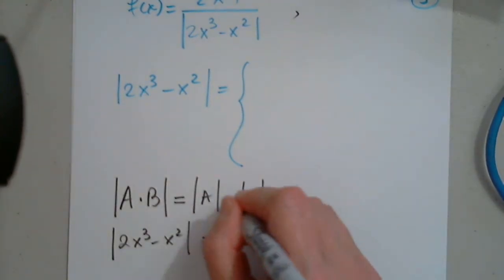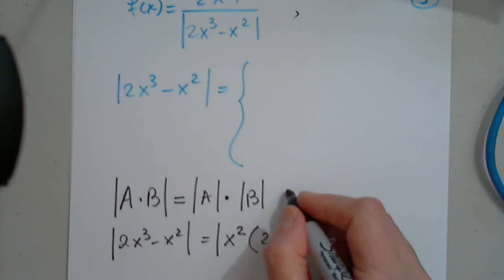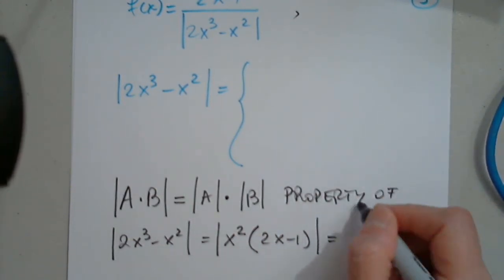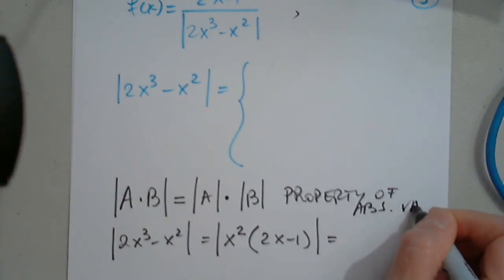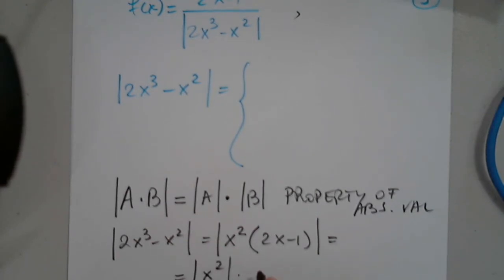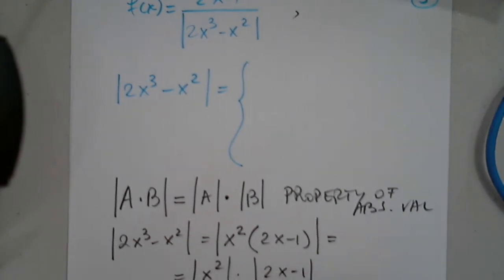But then I have to show this property. This is the property of absolute value. I have to show it step by step. So I will write the absolute value of x squared multiplied by the absolute value of 2x minus 1.